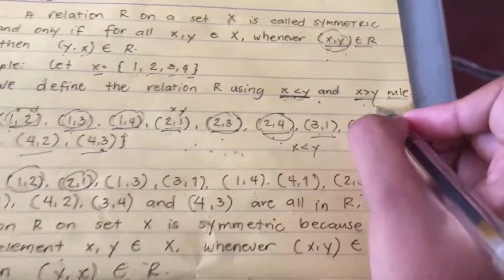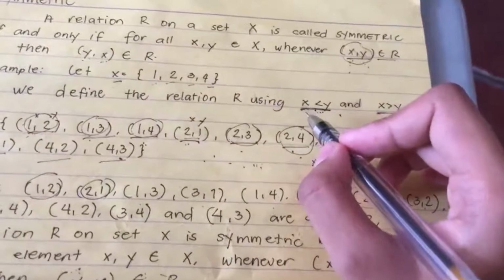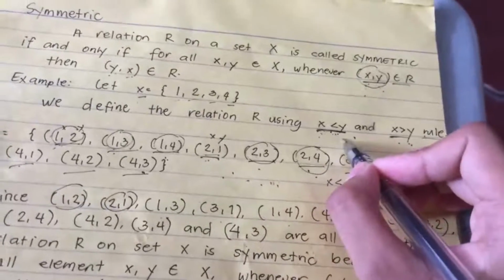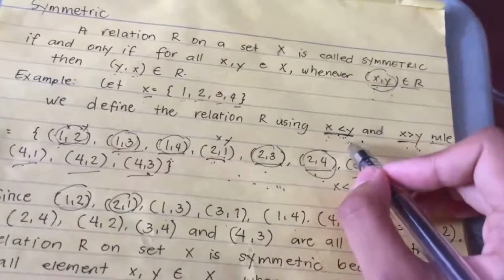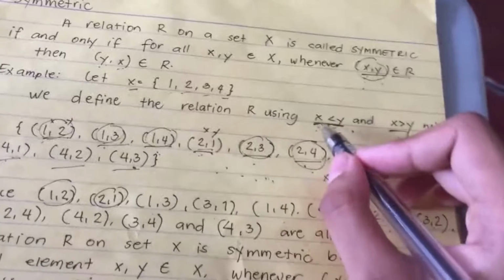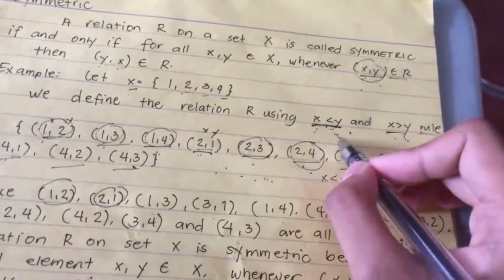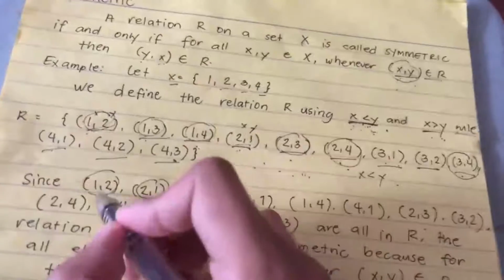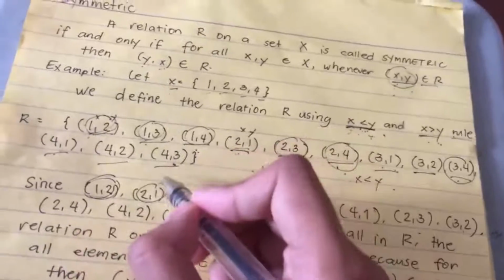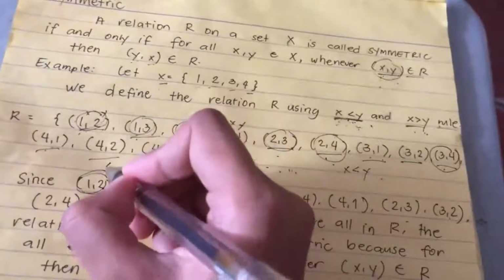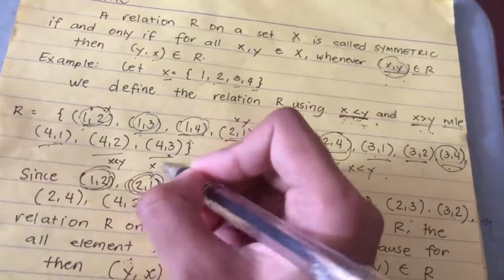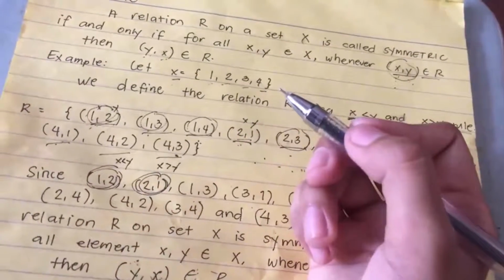And as long as the elements x and y and y and x both exist in the relation, such as this one and this one. Yes, x is less than y and x is greater than y.